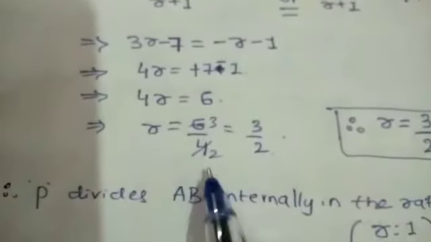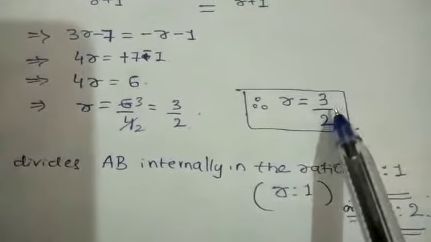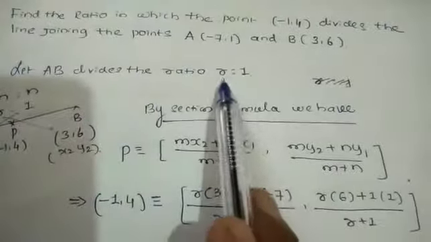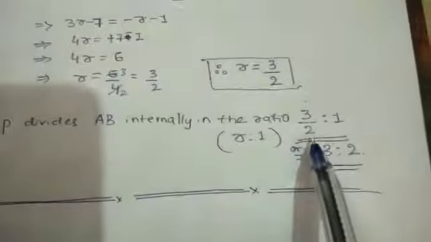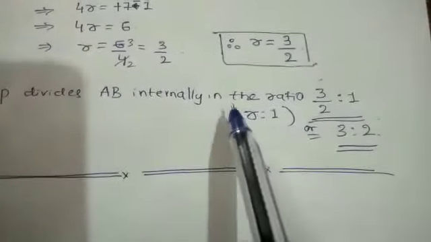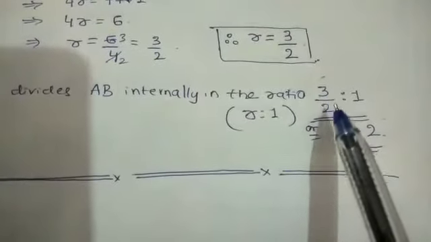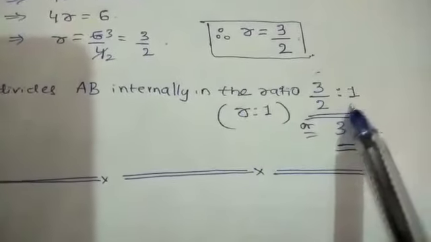Therefore r equals 6 divided by 4, that is 3 by 2. We get r as 3 by 2, and since we considered the ratio as r:1, it is 3/2 is to 1. Therefore P divides AB internally in the ratio 3/2 is to 1. This is the answer.